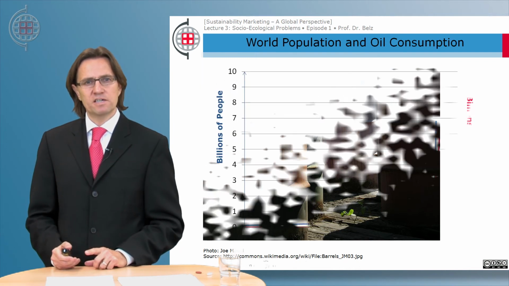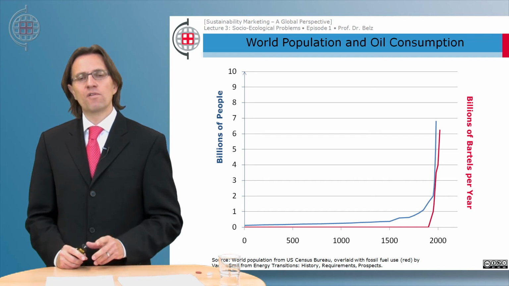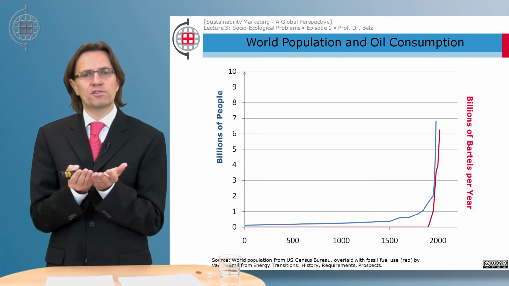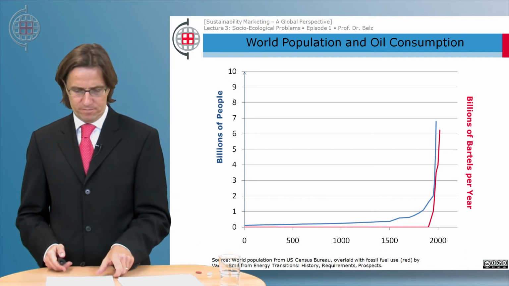You can see that here in the following exhibit. It shows the high growth of population in the 20th century and the growth of oil consumption. And you can clearly see that there's a positive correlation, especially in the 20th century.